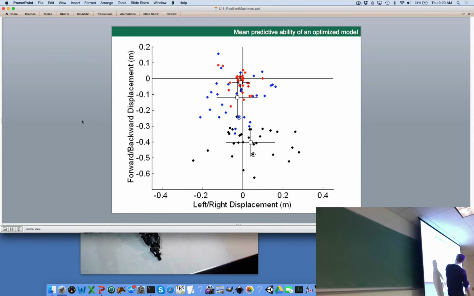It predicted that the robot would get 45 centimeters along the table, and the physical robot only got about half that distance, 0.25 centimeters along the table. So the prediction was a fair bit off, but at least it was in the right direction, right? The robot actually did move in reality in the direction we wanted it to move.